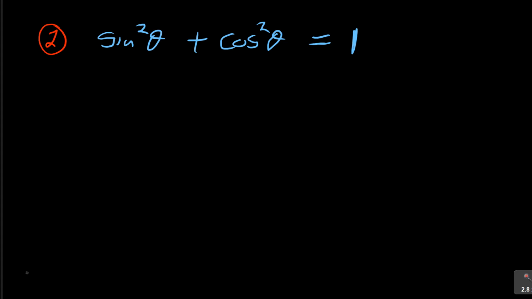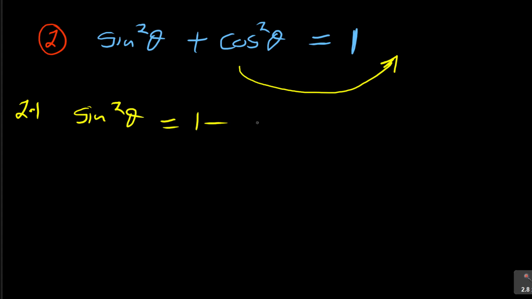Now, this identity can be written in 3 or 4 different ways. The first one is they can take cos squared to the other side. I'll call it 2.1. You are left with sine squared theta is equal to 1 minus cos squared theta.